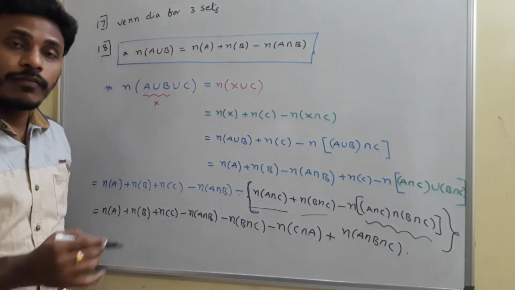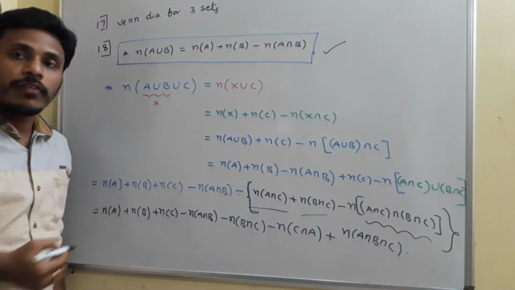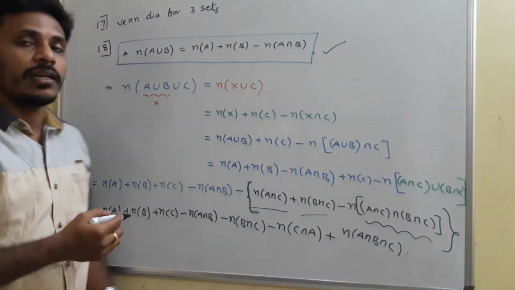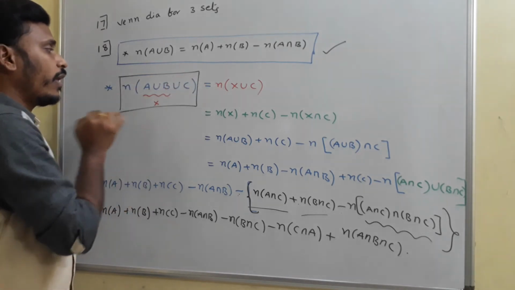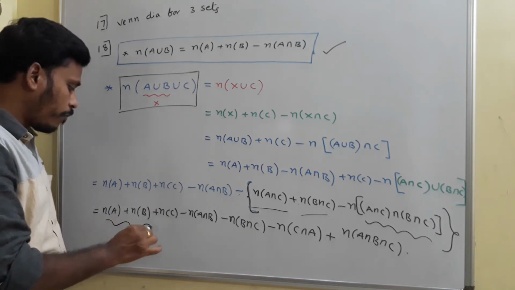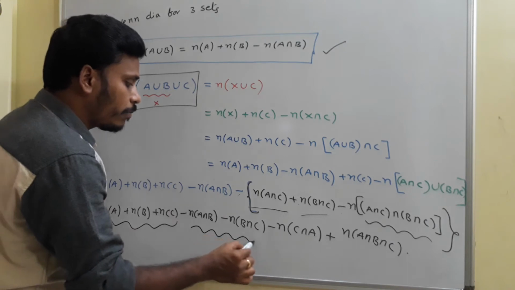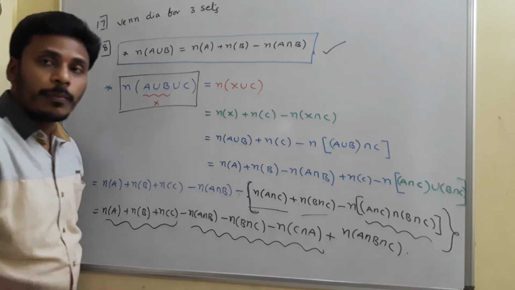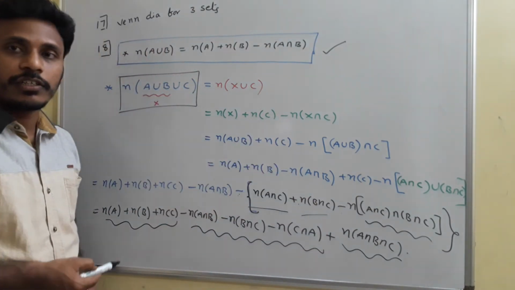Just add it up. For two sets it is very clear that n of a union b is equal to n of a plus n of b minus n of a intersection b. Whereas if you think about three sets, then n of a union b union c is n of a plus n of b plus n of c minus n of a intersection b, b intersection c, c intersection a, and then plus n of a intersection b intersection c.